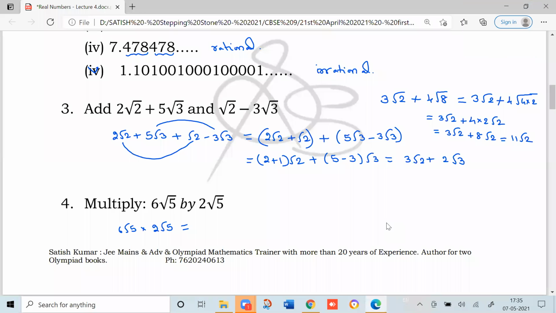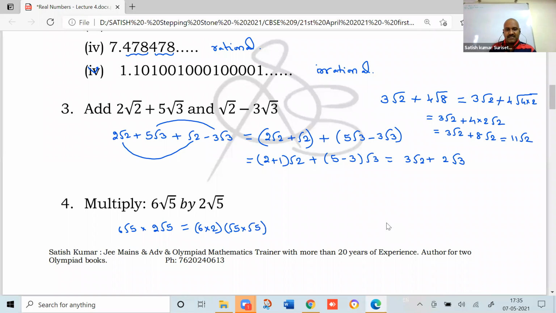Whenever they are like surds, you multiply the rational factors and multiply the radical parts. Rational parts: 6 into 2, which is 12. Radical parts: root 5 into root 5, which is 5. So 12 into 5 is 60.